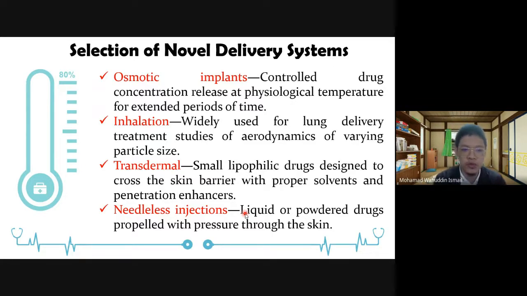The formulation is good, all the excipients are good, the pH is good, but there's some problem with the delivery. So it's from A to Z, and developing a new kind of drug delivery system for commercialization, to be used in patients, is difficult compared to laboratory work.